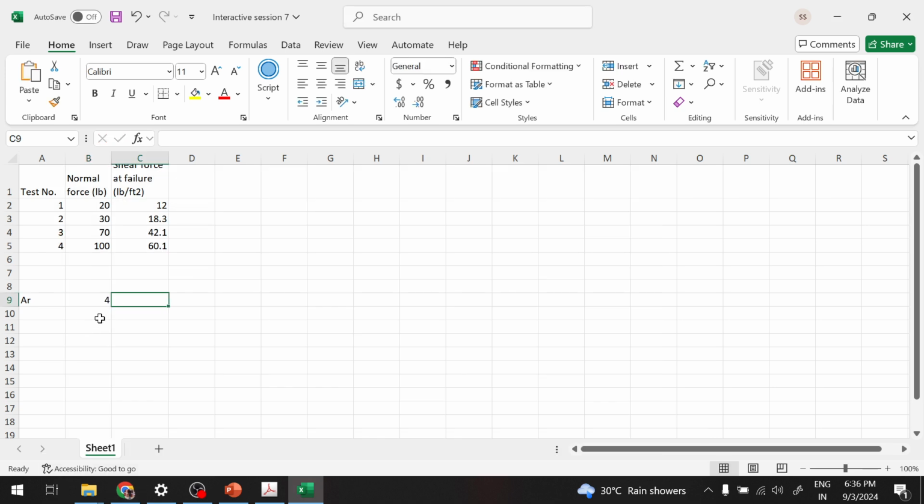Let's convert this to feet square. This is in pounds again.